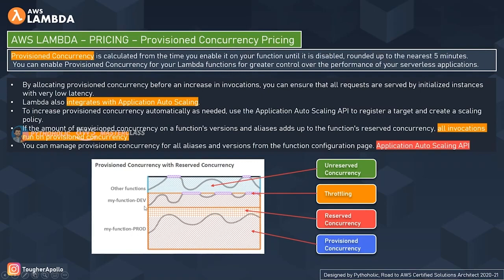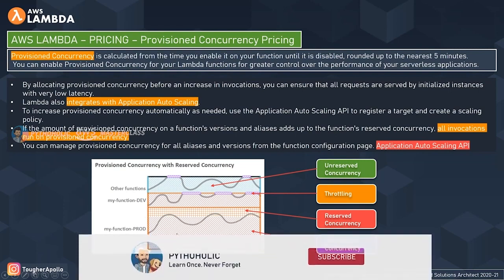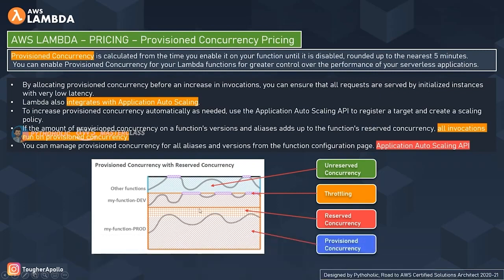And in the case of my function prod, the normal invocations are run with reserved concurrency, and if it needs additional throttling, it will run on provision concurrency. And on the other hand, for my function dev, all the invocations run on the provision concurrency.